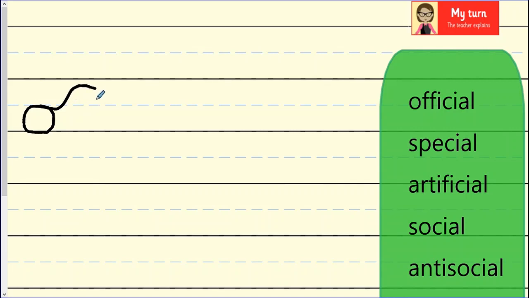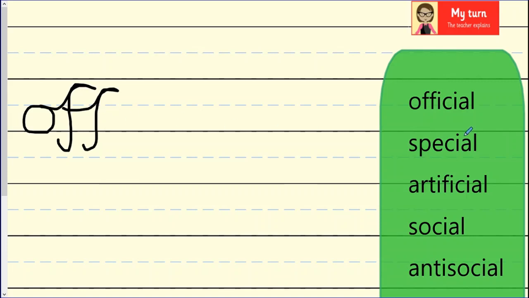It loops down, and then I need to go back, down, and then put the line in the middle of my F, and then form another F. I'm going really slowly, and I'm really thinking carefully about the formation of each letter.